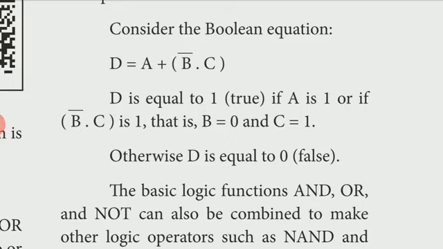If the A value is 1, then you will get the answer as 1. Or if B bar dot C is 1, you will get B equal to 0 and C equal to 1. Otherwise, D becomes false, 0.